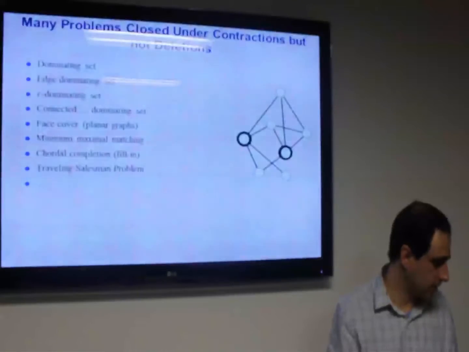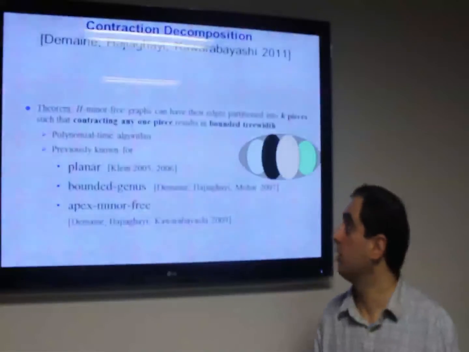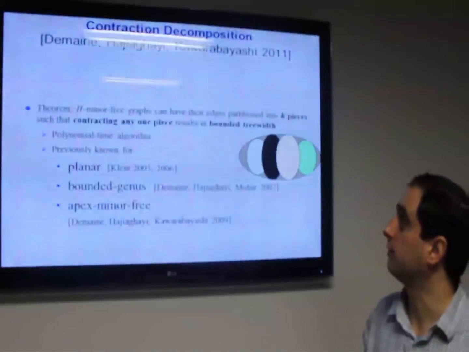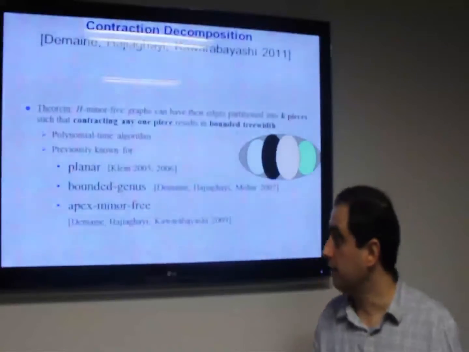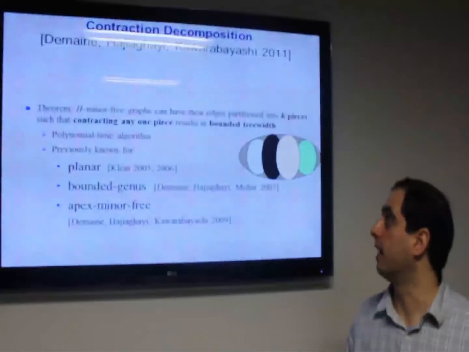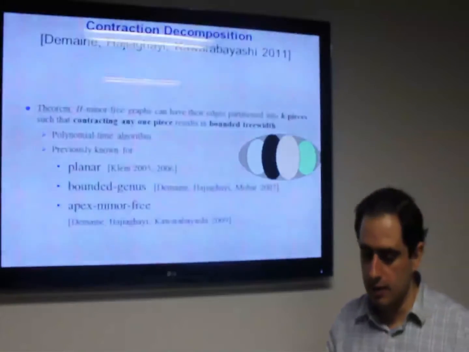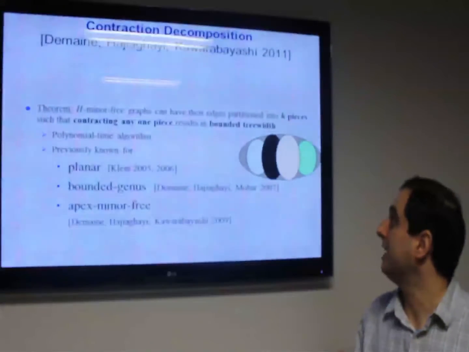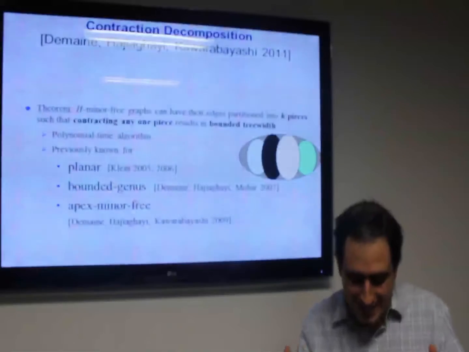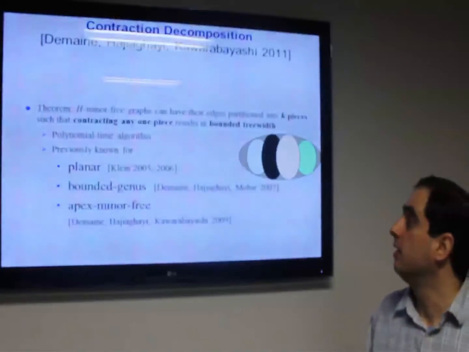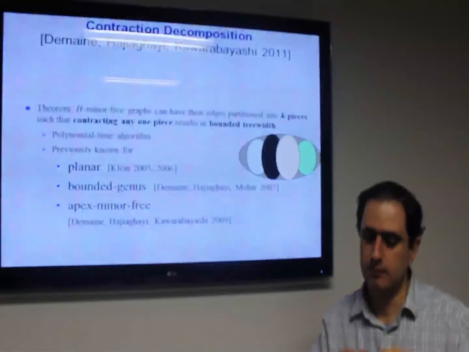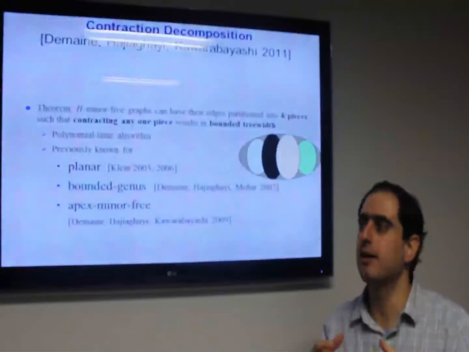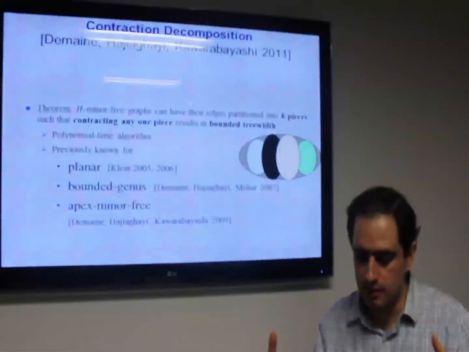What's the meaning of that? This is the stronger result that we have, the contraction decomposition. It says that any H-minor free graph can have its edges partitioned into k sets, such that if you contract any one piece, then the graph has bounded treewidth.